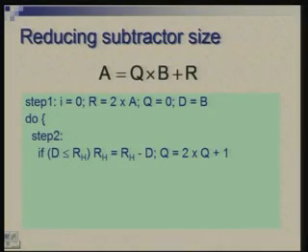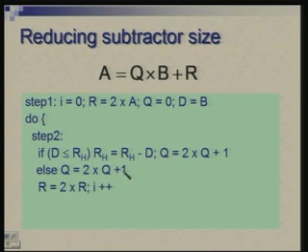So, coming back to the same point, we are comparing D and RH, and if this condition holds, RH becomes RH minus D. Okay. And this part is the same, q gets 2q plus 1. If the condition does not hold, q, I am sorry, this should have been, ignore this, let me correct this.